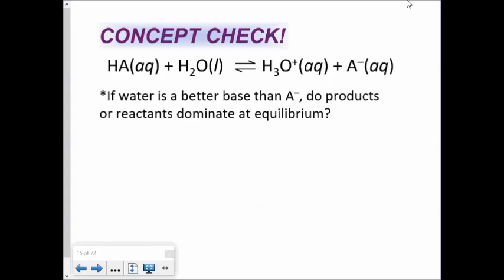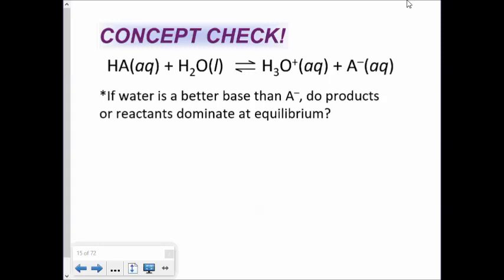So if it's accepting the proton, it's going to cause what to form? H3O+. So if water's the better base, which direction is it going to proceed? Where is the equilibrium position going to lie? It should lie over on the product side, and it should proceed to the right. So if water's the better base, do the products or the reactants dominate? The products would dominate. Very good.